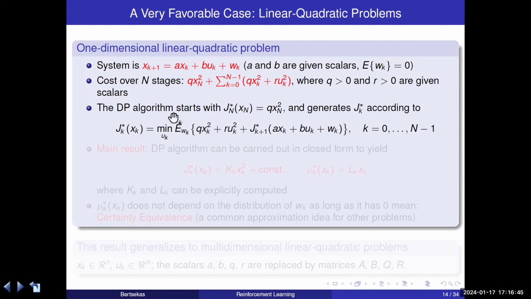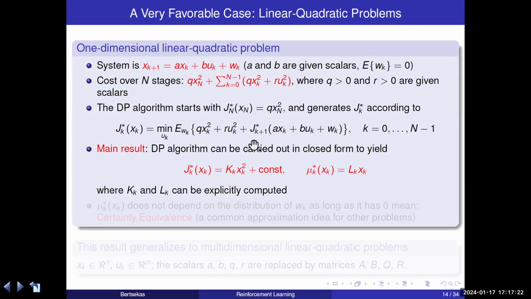And the dynamic programming algorithm starts with the terminal cost and generates backwards J_{n-1} star, J_{n-2} star, and so on, according to the usual formula, the sum of the cost of the stage plus the optimal cost to go from the next state. The next state is this one. And we take expected value of that with respect to w, and we minimize over u.